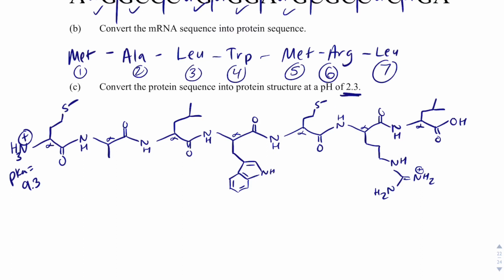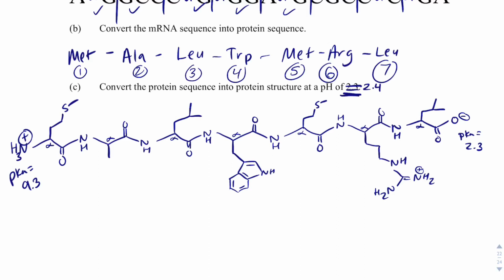And leucine, this pKa, let me look here, is the pKa for the carboxyl group. The pKa is 2.3. So since we are at 2.3, 50% of them will be on, 50% of them will be off. Let's just say we're at a pH of 2.4.